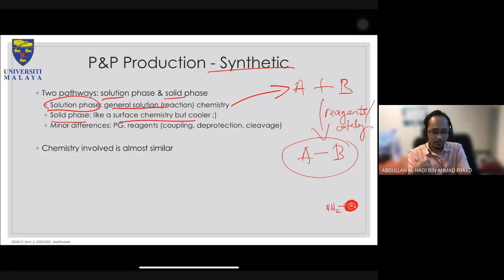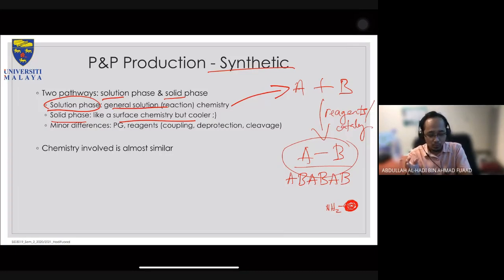Okay, in this case, the ones that I'm showing here as an example is you have an amine group. Okay, and then what you do first is, if say the sequence that you want is A and then B. Okay, so the sequence is A, B. For example, if you want to have more A, B, and A, B, for example.